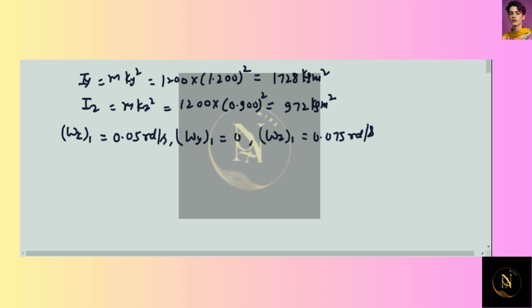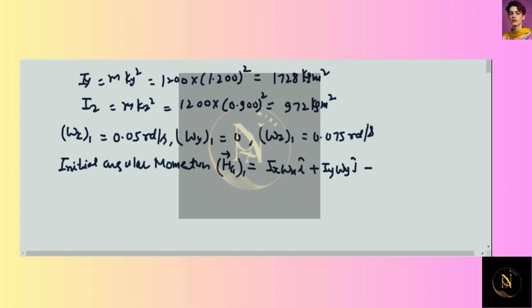Initial angular momentum Hg first will be Ix omega x i cap plus Iy omega y j cap plus Iz omega z k cap.